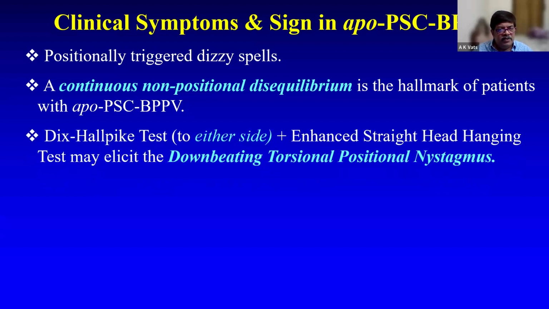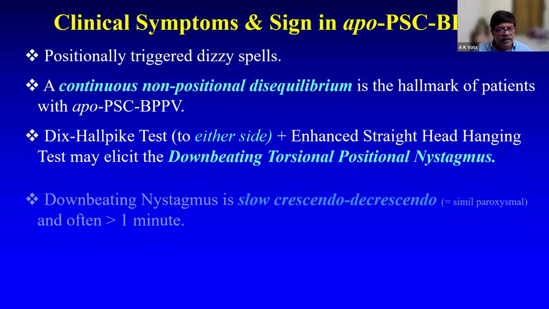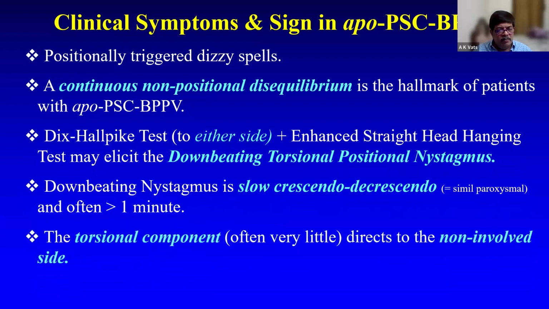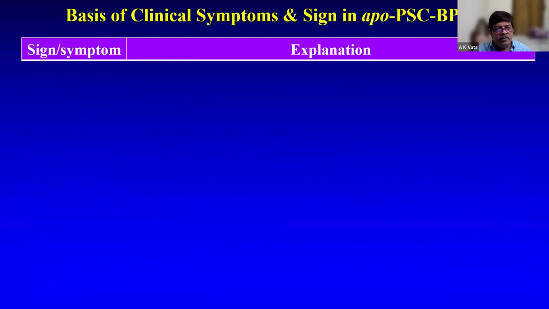The Dix-Hallpike test to either side and the enhanced head hanging test may elicit downbeating and torsional positional nystagmus. The downbeating nystagmus is often slow crescendo-decrescendo, which is called semi-paroxysmal, and often it lasts for more than 1 minute. The torsional component, which is often little, is directed to the non-involved side.